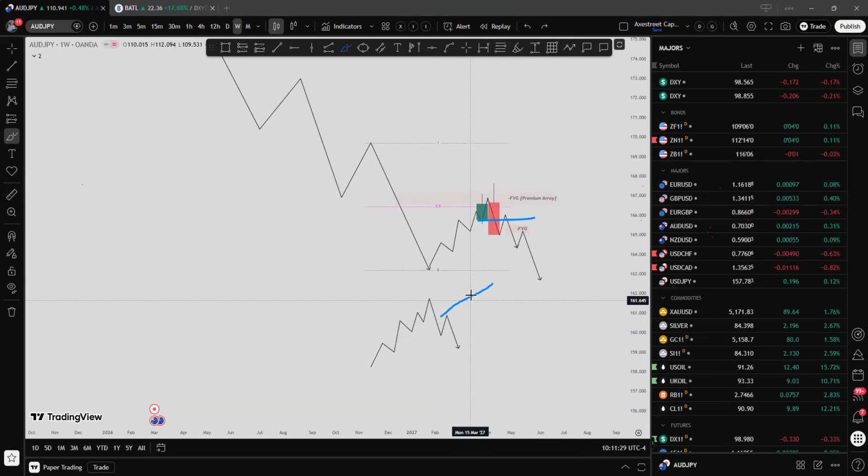Or I can go into the actual 1 minute and refine it like this. Small dealing range, breaker block, ICT inefficiency, overlapping arrays, fair value, and you can make it really complicated for yourself if you really want to, or you can just execute what is clearly in front of you.